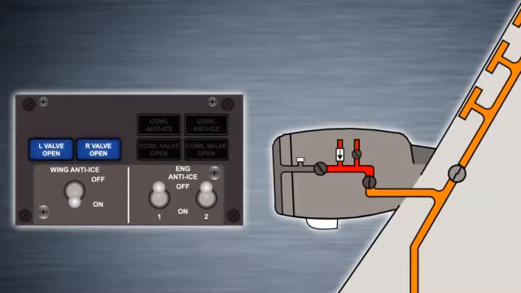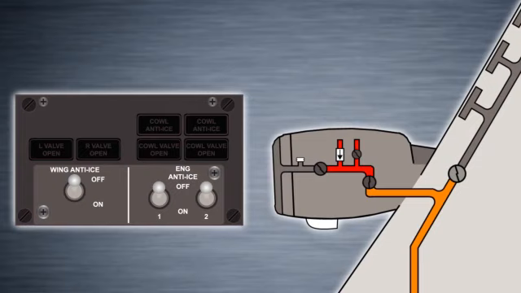The wing anti-ice switch is a circuit breaker type switch which remains in the on position until an overcurrent trips it off. When the aircraft lifts off, system logic produces an overcurrent in the switch, tripping it to the off position. If wing anti-ice is desired in flight, the wing anti-ice switch must be positioned on again manually, opening both wing anti-ice control valves.